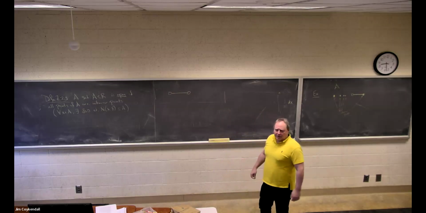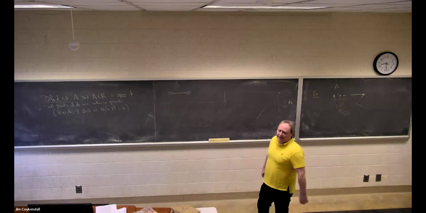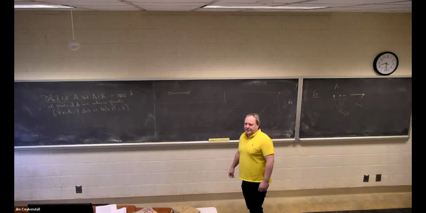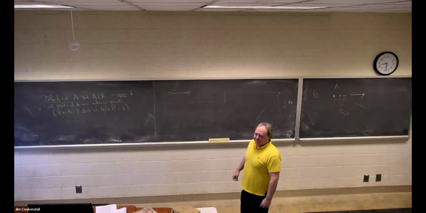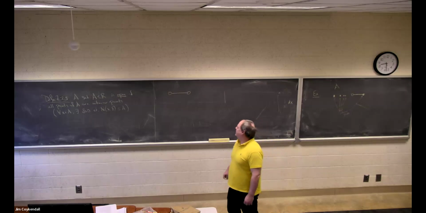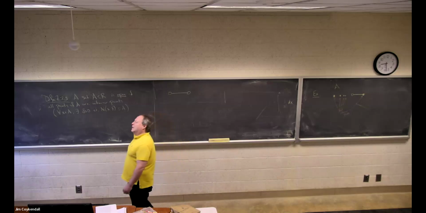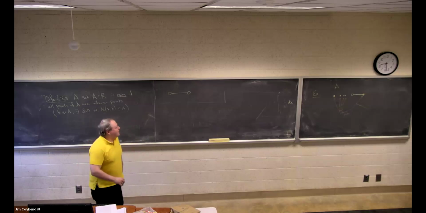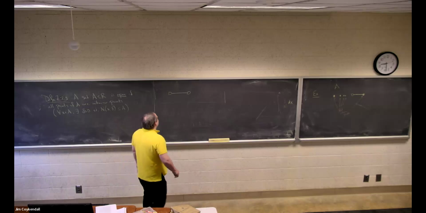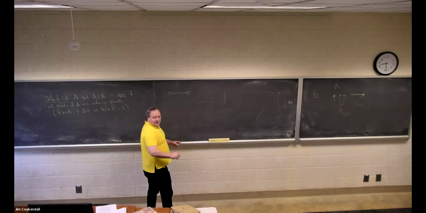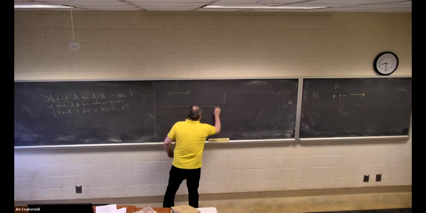Can anybody give me an example of an open set that doesn't look like that? Right, the domain of tangent? Yeah. I like that answer. So his set, the domain of tangent, looks like this.